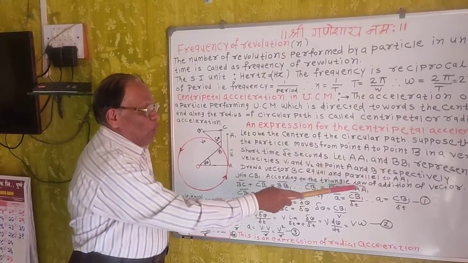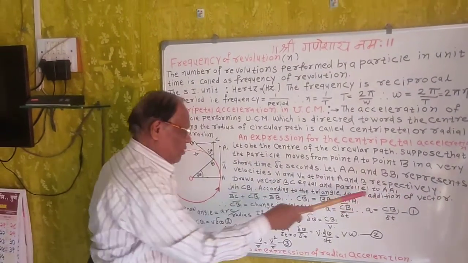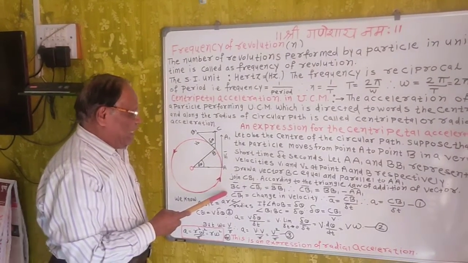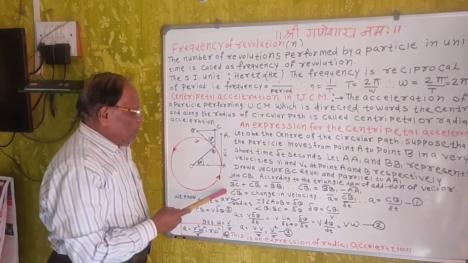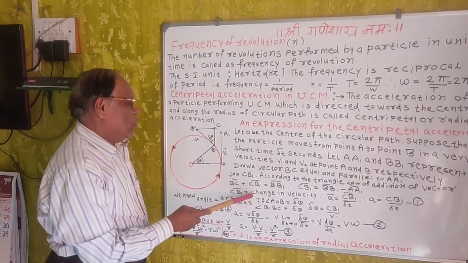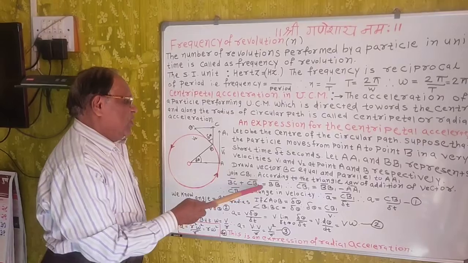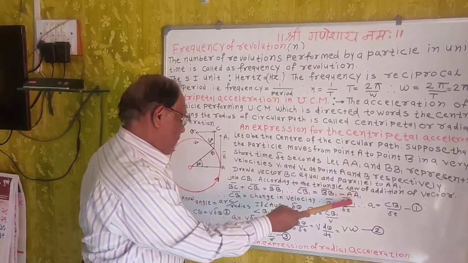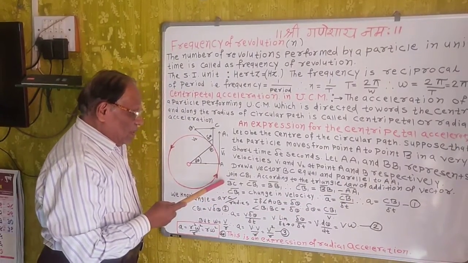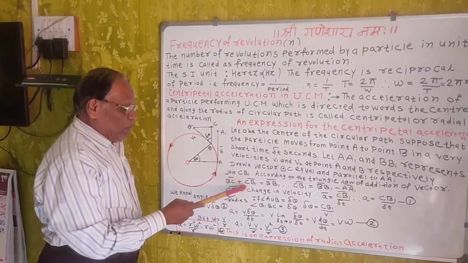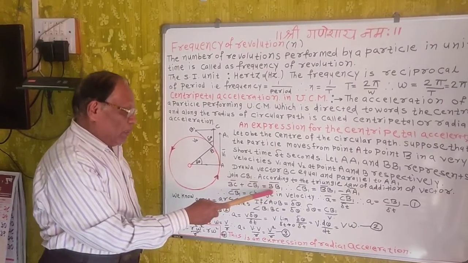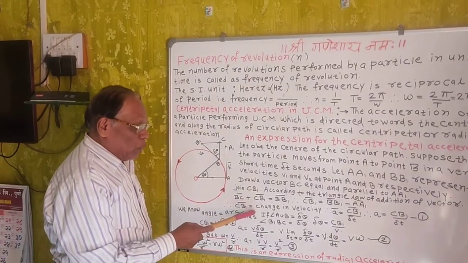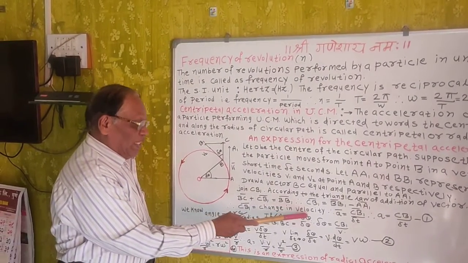According to the triangle law of vector addition, now we have to apply this for the triangle BB1C, that is CB1 is equal to BB1 minus AA1, because BC plus CB1 is equal to BB1, and therefore CB1 is equal to the change in velocity.